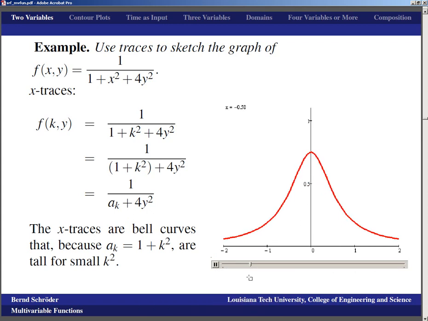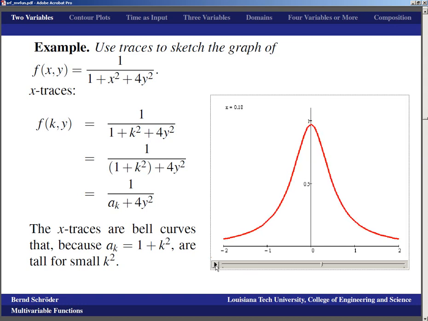And that's, of course, a pretty demanding movie to just visualize in your mind. So what you would probably want to do if you have to sketch that, you would just want to sketch a couple of those traces. But basically what happens is that for k negative, well, k squared makes that positive, so we divide by a pretty large number, so we get a flat bell curve.